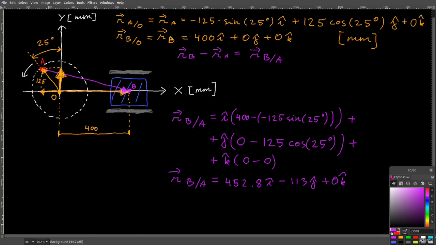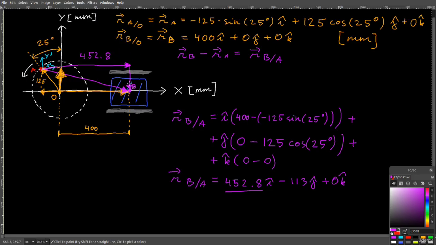So essentially, like we discussed before, by taking this difference, you have shifted your coordinate frame. This one here, that's your x apostrophe. Then this one here, that's your y apostrophe. You can see that you have only shifted this coordinate frame. You haven't rotated it. X apostrophe still points in the x direction. Y apostrophe still points in the y direction. And so this component from the origin of this new coordinate frame is 452.8 millimeters.